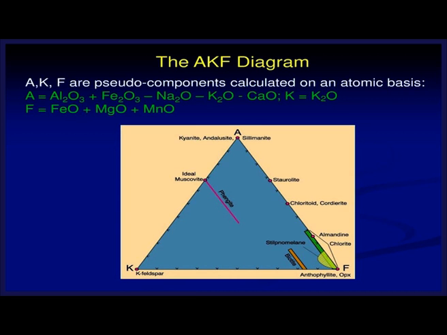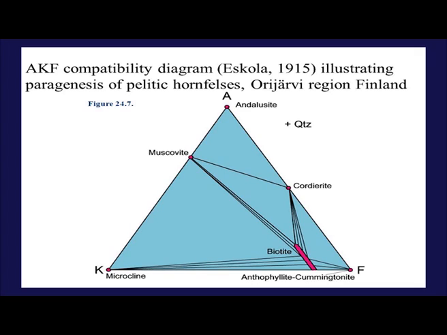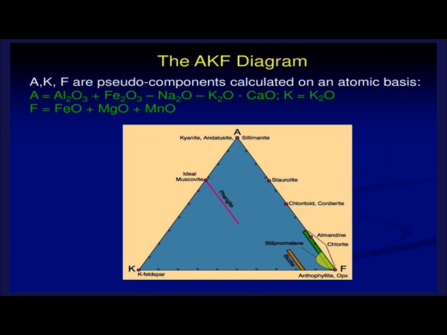Eskola in 1950 adopted the following reasons. Since the bivalent cations Fe, Mg, Mn have similar ionic radii, they can be grouped as FeO plus MgO plus MnO as one component called the F component.